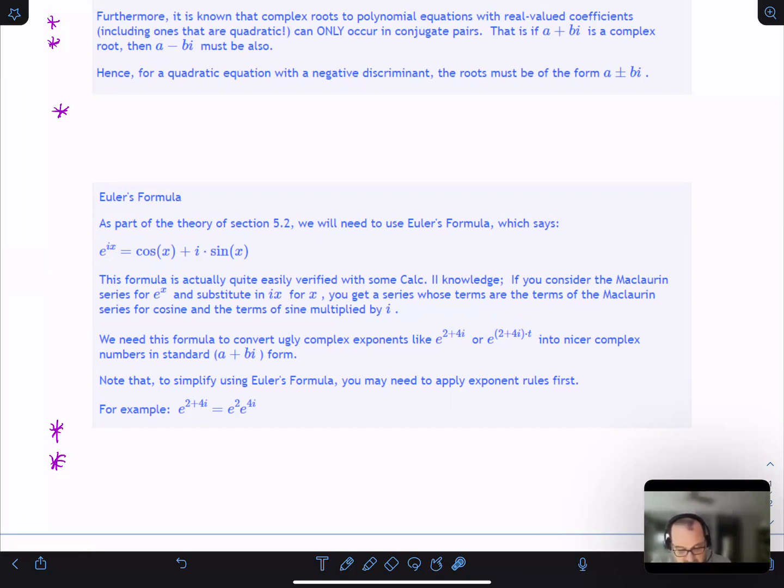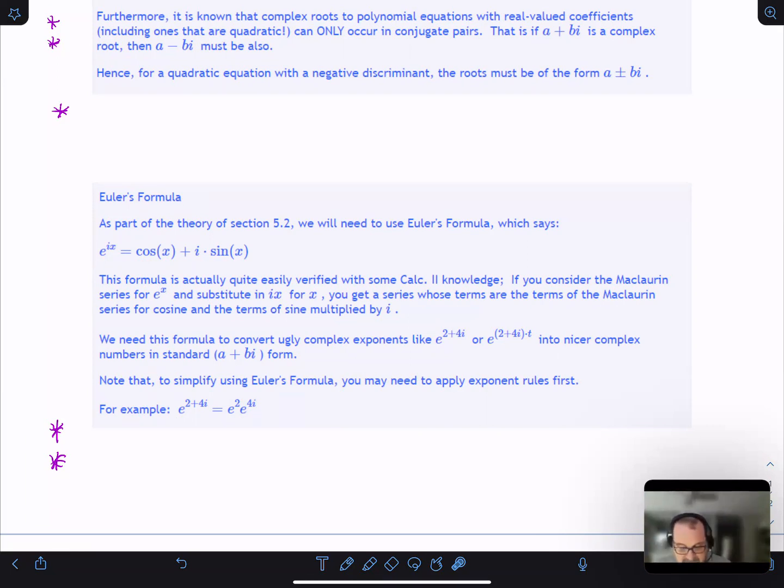So notice that e to the 2 plus 4i can be written like this by just exponent notation. Yes, this is e to the 2 times e to the 4i. So e to the 2 is a perfectly good real number. e to the 4i is the awkward complex exponent, and the e to the 4i can be simplified using Euler's formula. So there is an example for doing this with a numerical example. So give that a go.